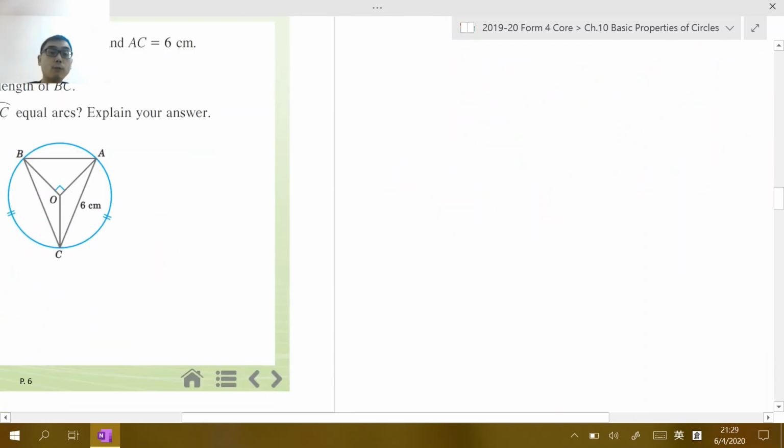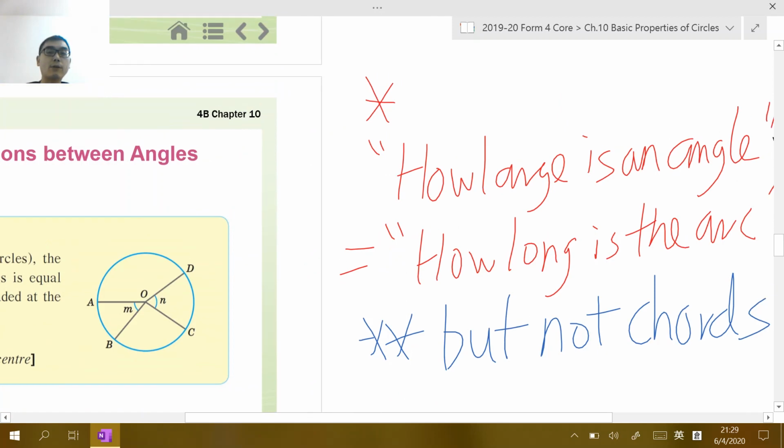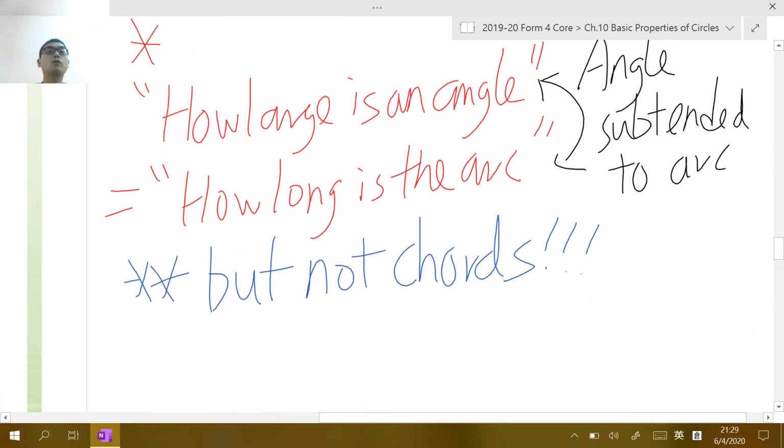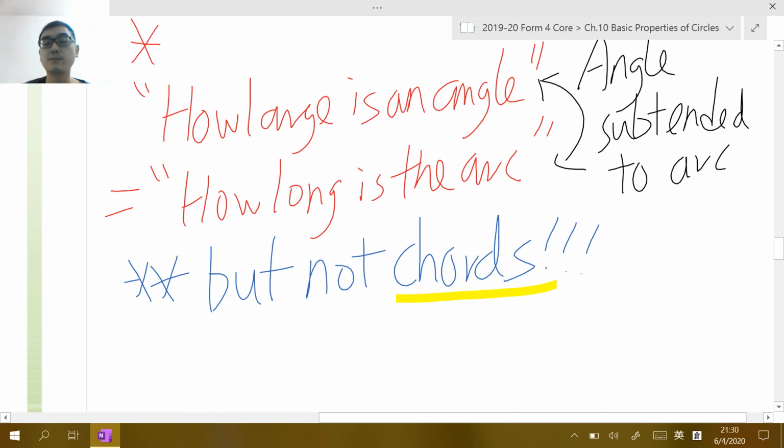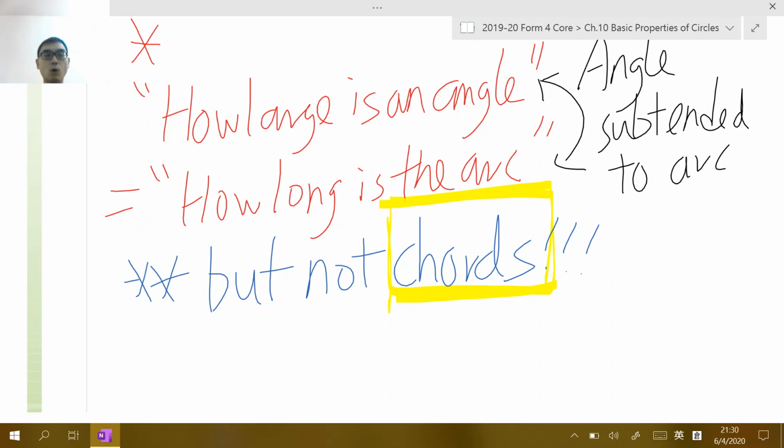But for the proportional relation, we were talking about how large the angle is corresponding to how long the arc length is. So we say that angle and arc are in proportion. But do remember that this only works for angles and arcs, but not for chords, because chords are not related to angle, but relate to the triangle formed from the circle.